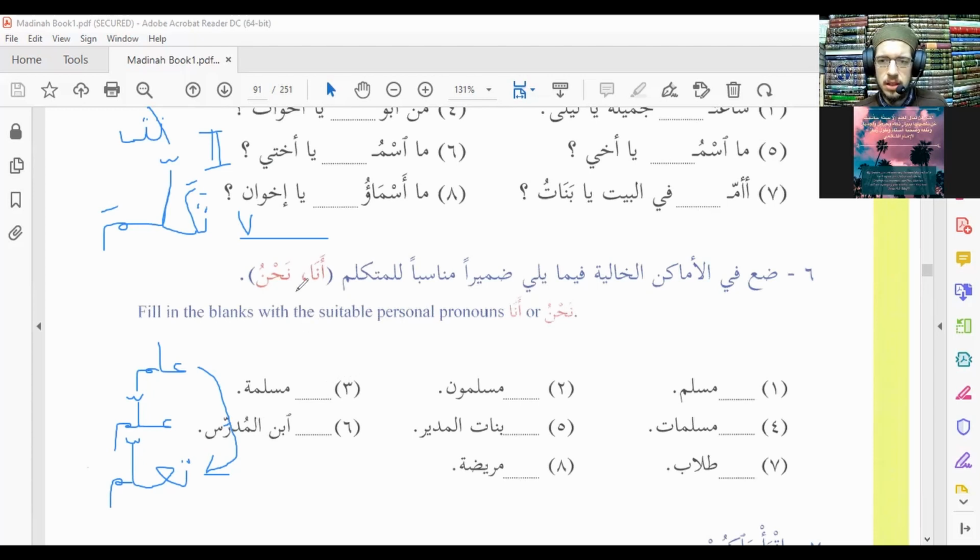So that's the connotation of this particular verb form. And so it goes takallama, yatakallamu in the mudari. The masdar from this form is takallum, and the ism fa'il is mutakallim. That's where we get it. The ism fa'il is mutafa'il, whatever it is, muta'allim, the learner. متكلم, the speaker. Etc., etc., etc.